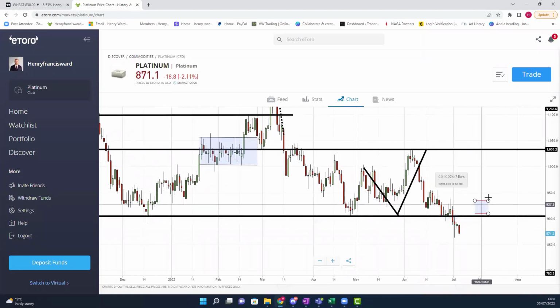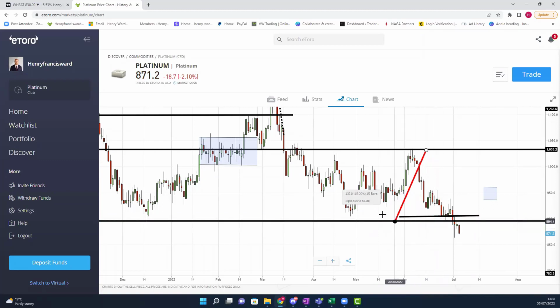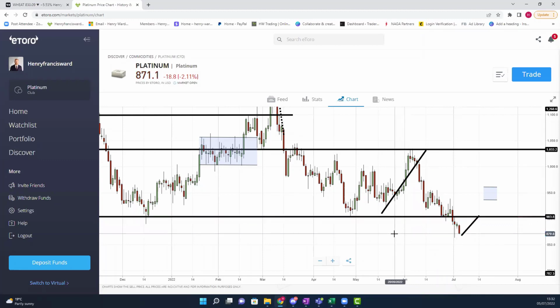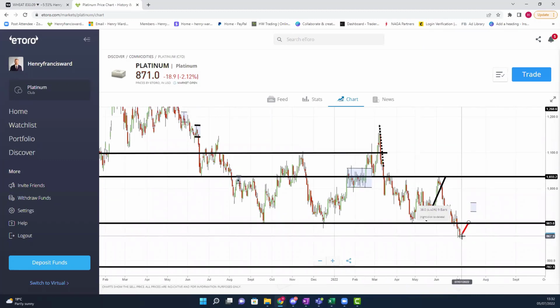So the idea now is to get rid of that, and if we get some sort of pullback up to this level, we would then be looking for that to pop down to the downside.